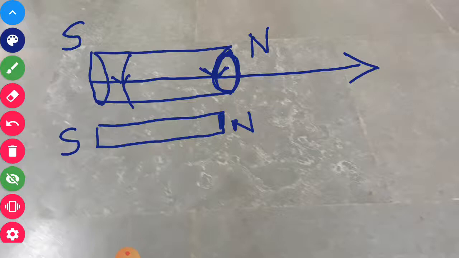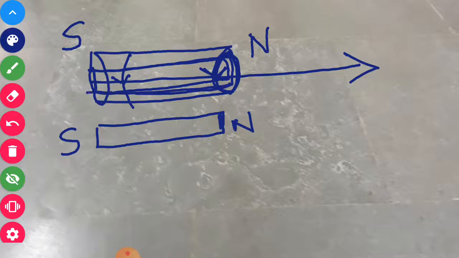Okay, so if you place a bar magnet here instead of the solenoid, then this bar magnet will also have the magnetic moment in the same direction as that of the solenoid, when you place the north pole of the bar magnet towards the right and the south pole towards the left.